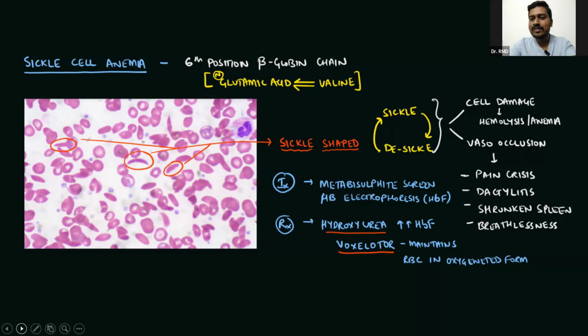So that's when we induce sickling using sodium metabisulfite, and then you'll start seeing the sickling, and you start thinking about sickle cell disease. Many times I have seen people miss cases of sickle cell anemia because they don't suspect this disease. It is a mimicker, it mimics many other conditions.